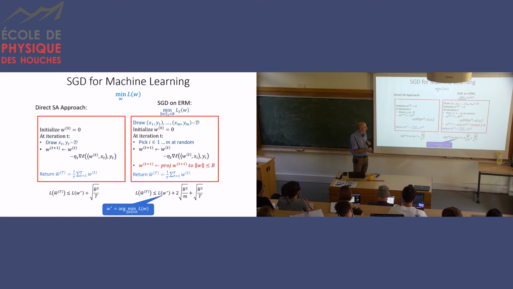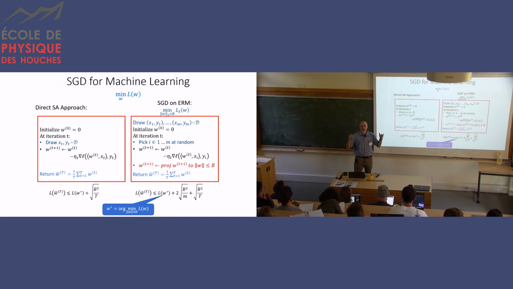What happens here? This is a bit strange, right? There's no apparent complexity control. In particular, if I'm telling you that I'm getting this guarantee for any W star of norm at most b, how does the algorithm know with which norm b it has to compete?